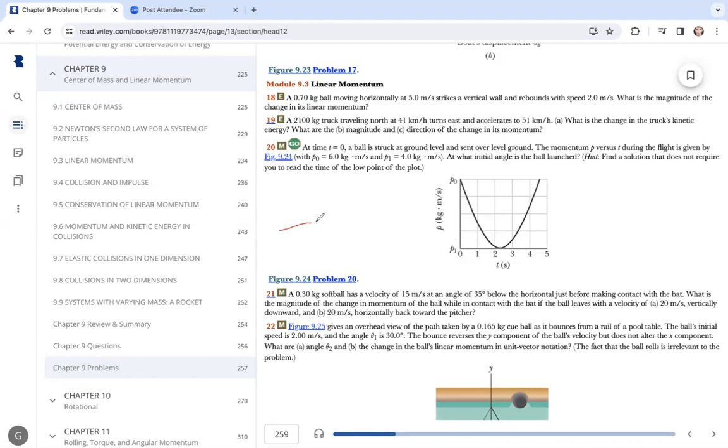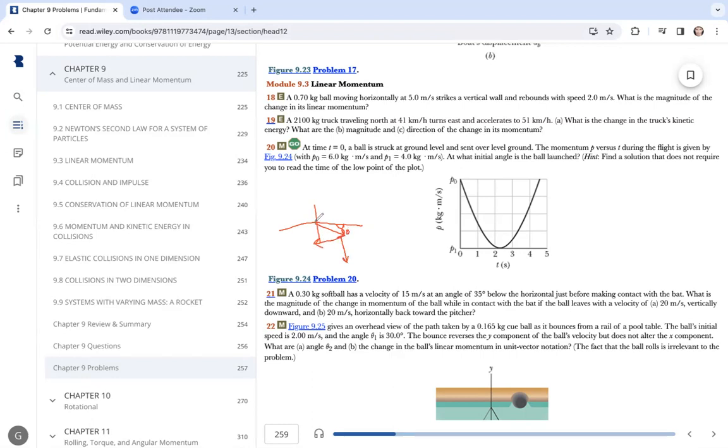So the ball's coming like this, and this is V naught. And then V final ends up being what? It's either straight downwards or straight backwards. So there are two situations you have to figure out.